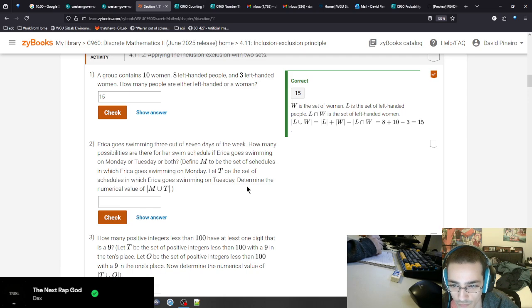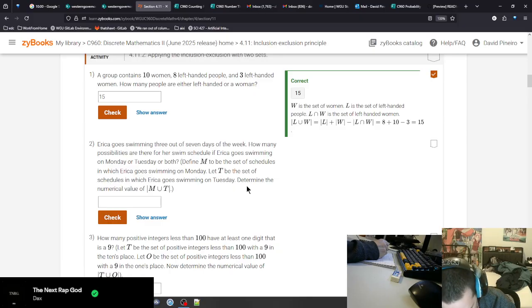She goes swimming 3 days of the 7. So if she goes swimming Monday, she could go the rest of the 6 days. She has to choose 2 of the 6 days remaining. So I'm pretty sure that's 6 choose 2 for that. Okay. What is that?